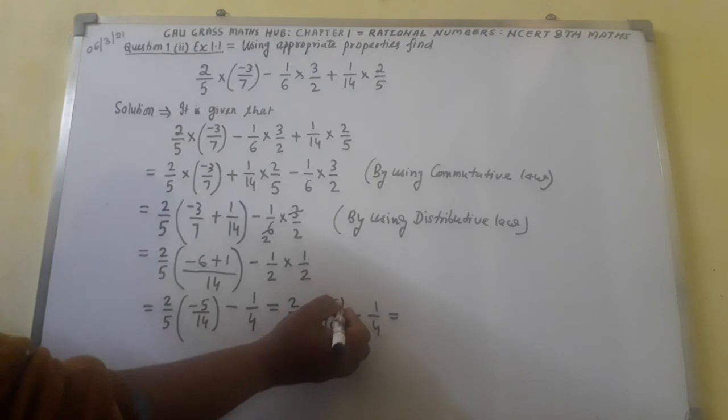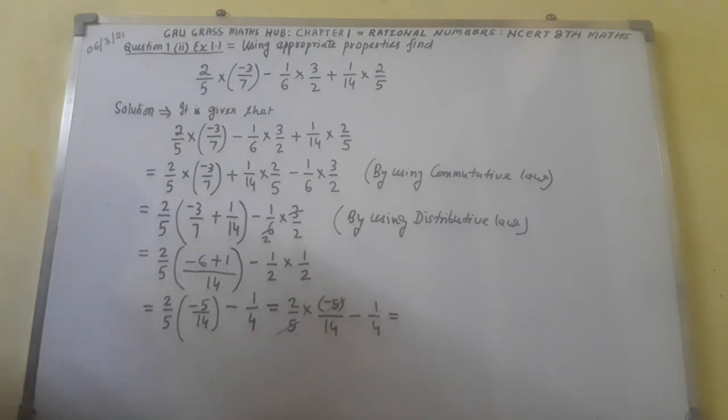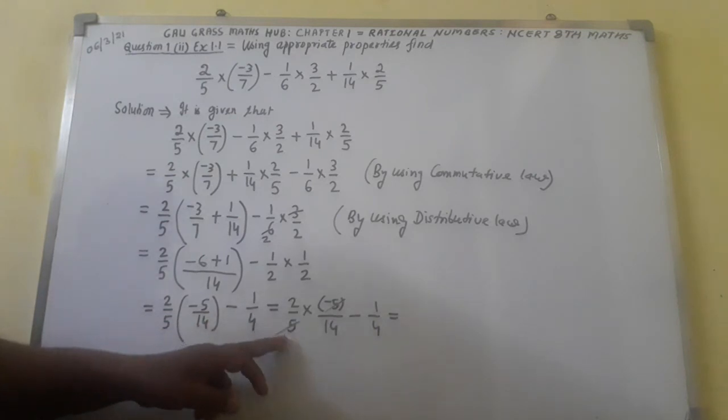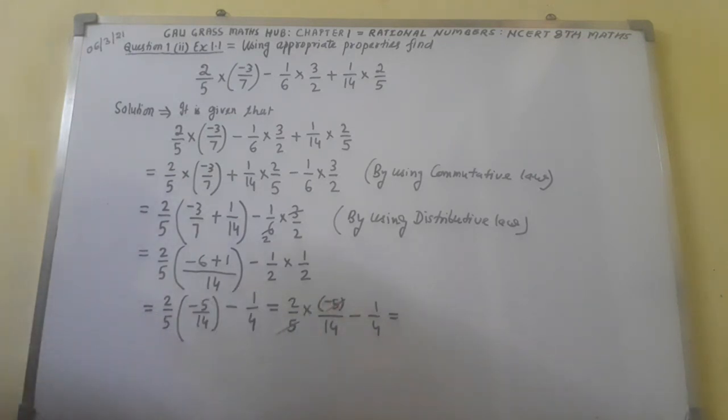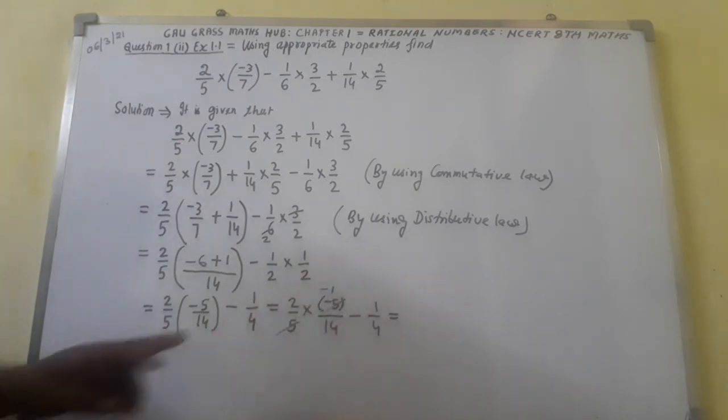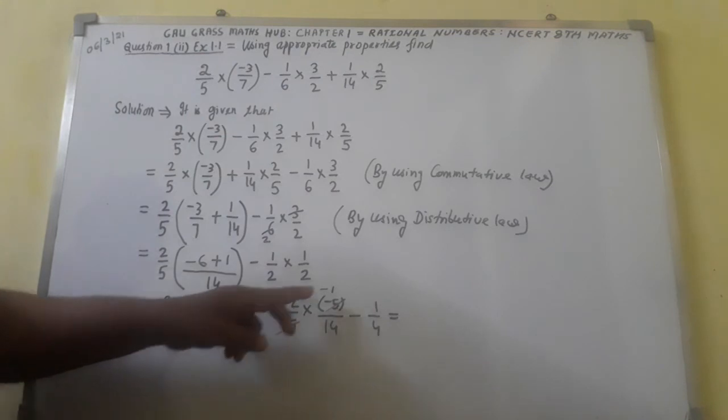Minus 5 is there in the numerator and plus 5 is there in the denominator. So plus 5 and minus 5 will be cancelled out. We will get minus 1. 2 will be multiplied to minus 1.